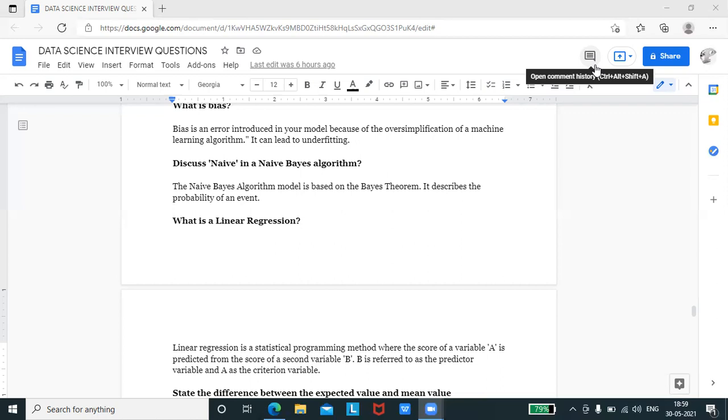A high value of R square determines the less difference between the actual output and the predicted output, and hence it's a good model. It's also called coefficient of determination for multiple regression. So this is about linear regression.